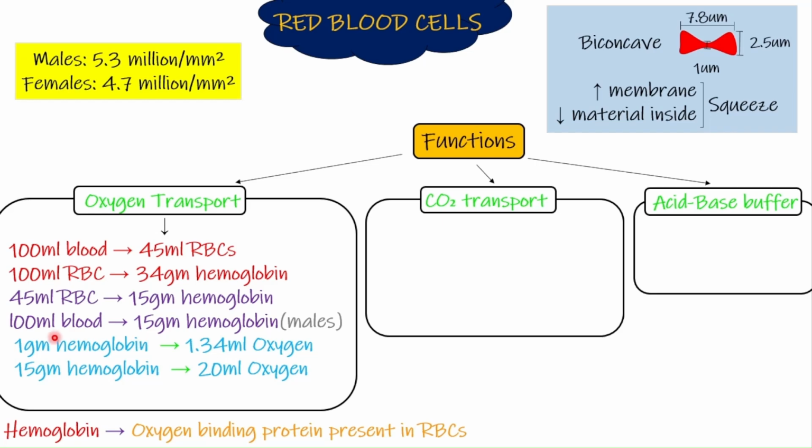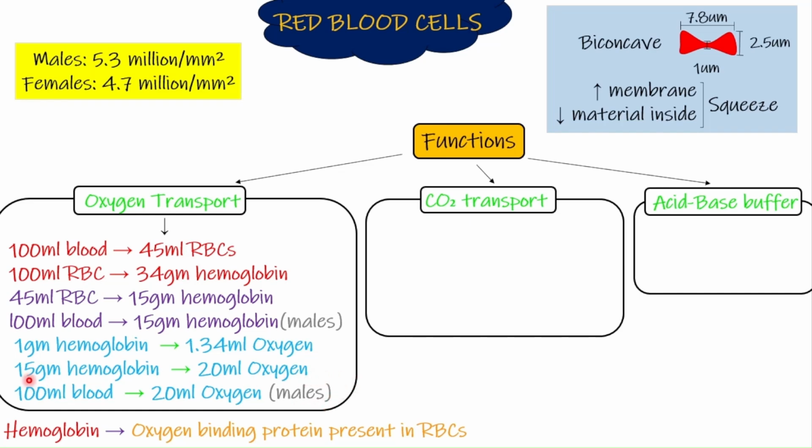Now we know that 100 ml of blood has 15 grams of hemoglobin, and 15 grams of hemoglobin can carry 20 ml of oxygen. It means that 100 ml of blood can carry 20 ml of oxygen.